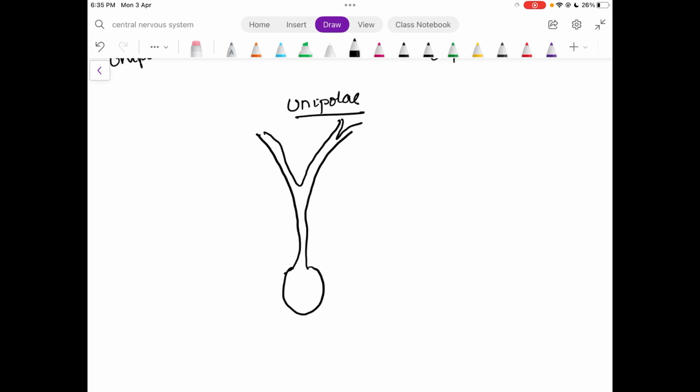One part will act as an axon, and one part will act as a dendrite, and they will have a nucleus.